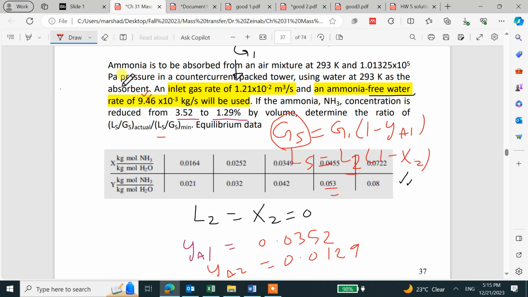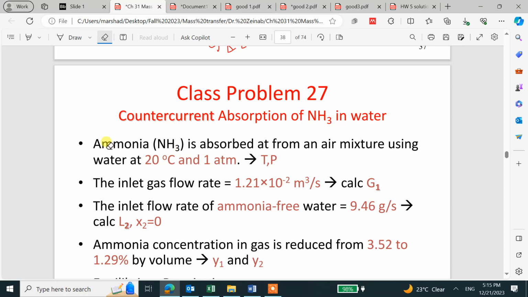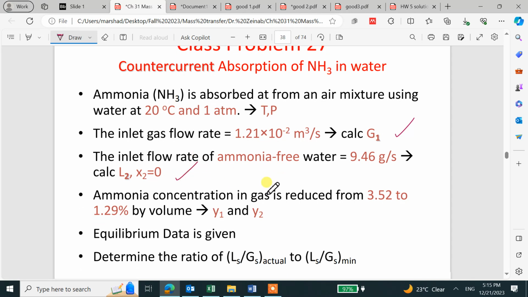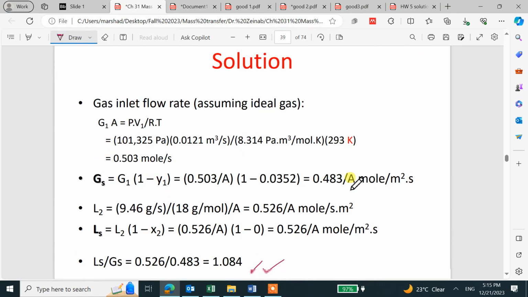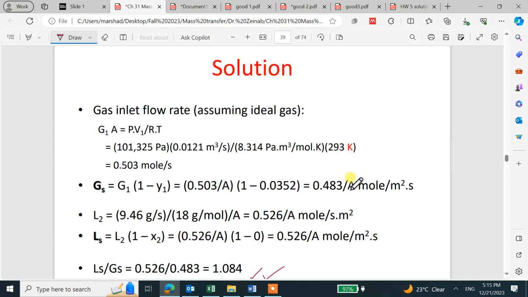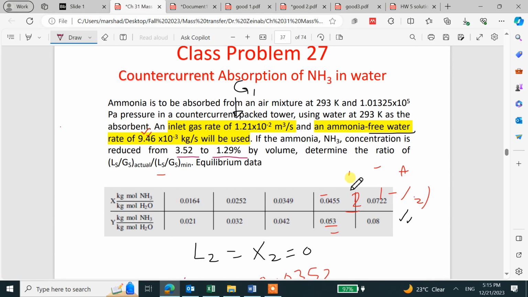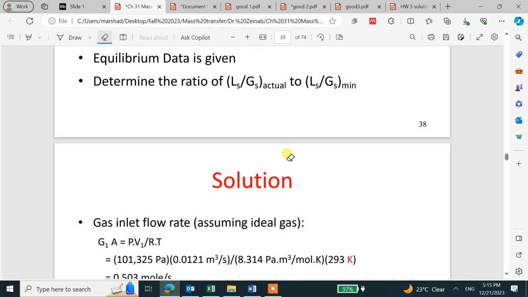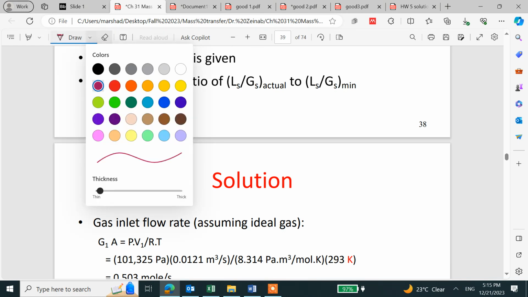So minimum again. This is what I already explained. This is G1, L2, X2 is 0, Y1 and Y2 is this. Now G1 is in which unit? G1 is a volumetric flow rate. So using the gas law, we can find the molar flow rate.